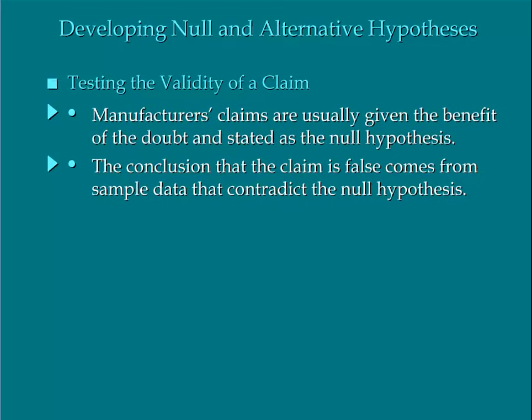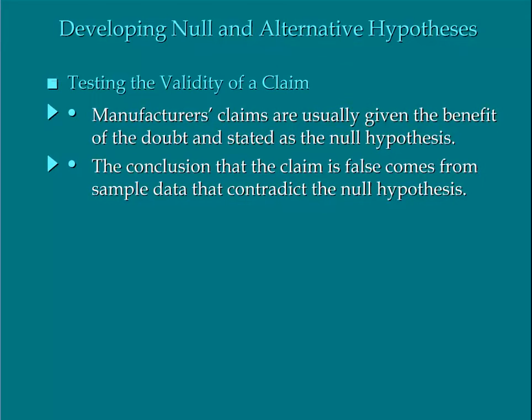So, for example, if we're testing the validity of a claim, suppose we're dealing with manufacturers and cornflakes packets, we might make a statement that the weight of a 1 kilogram packet of cornflakes is 1 kilogram. So you might check that. Testing the validity of a claim: manufacturers' claims are usually given the benefit of the doubt and stated as the null hypothesis.